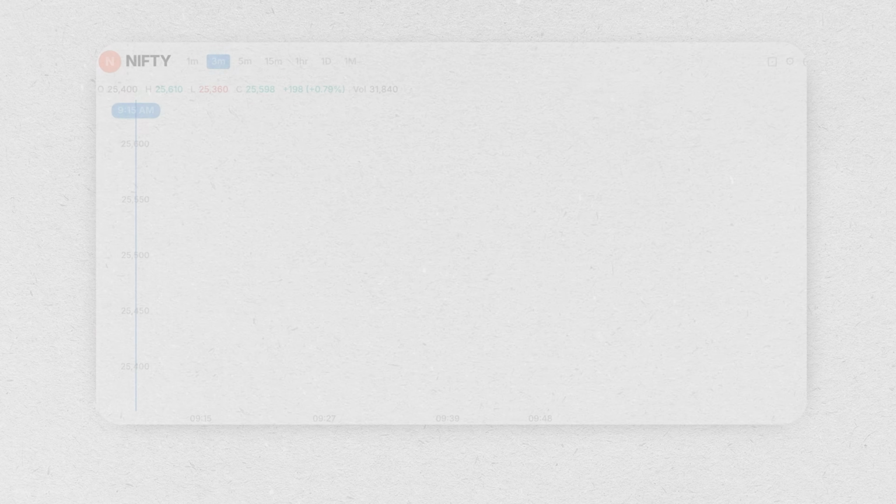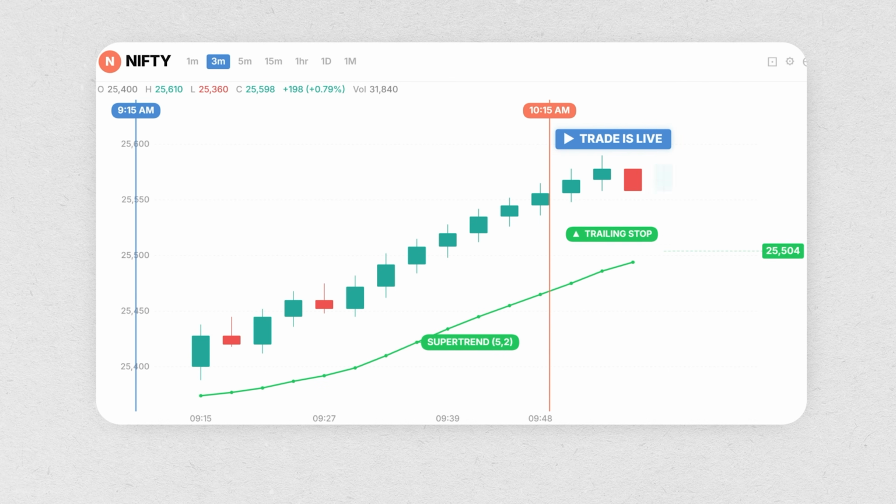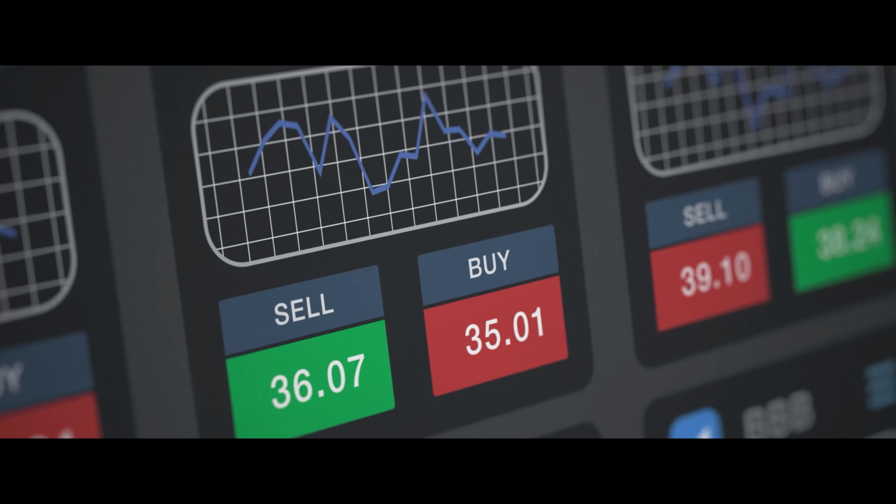Beyond that, as we discussed earlier, you can use something like a super trend as a trailing mechanism once the trade is live. The other important point is strike selection during the day. At any given moment, you want to be trading what is roughly one strike in the money at that point of time.